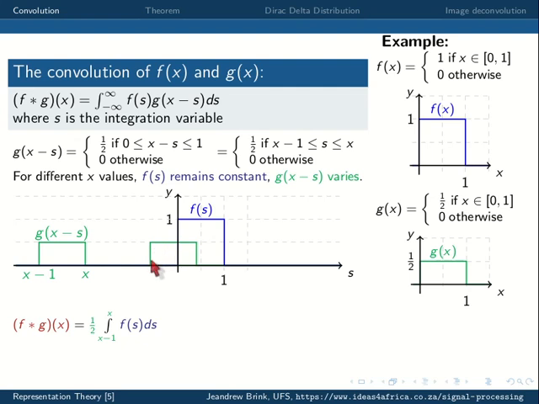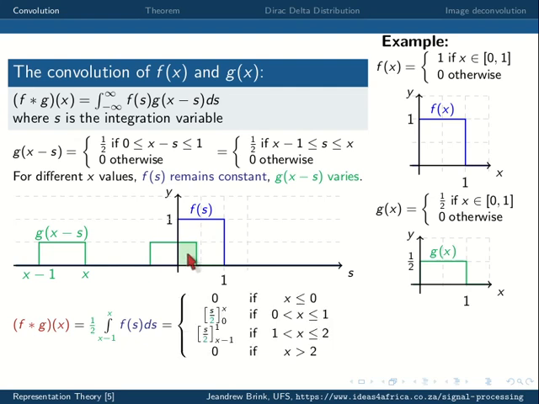Over here, where this box does overlap with f of s, the integral starts from this point over here and is the product of everything inside here with f. So you want this little bit to be your integral. If you write it out, the full expression for the convolution is the integral from x minus 1 to x, which is simply 0 if x is less than 0, in other words, in this region.